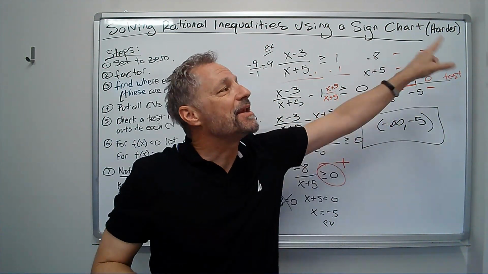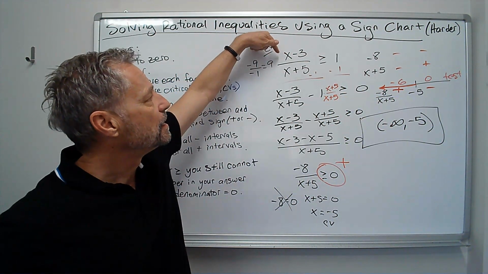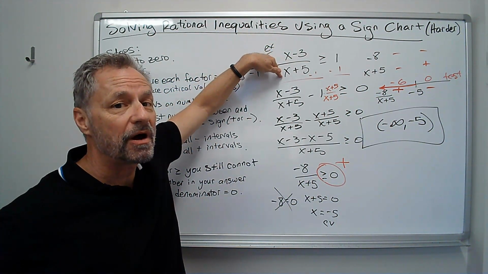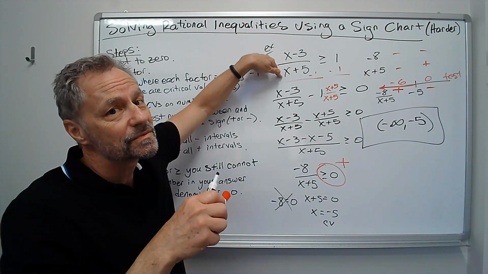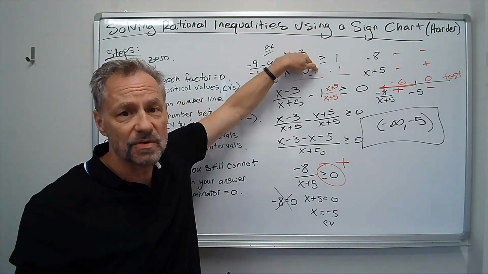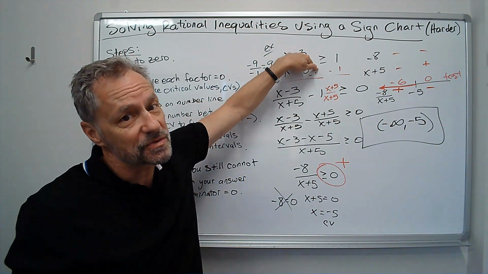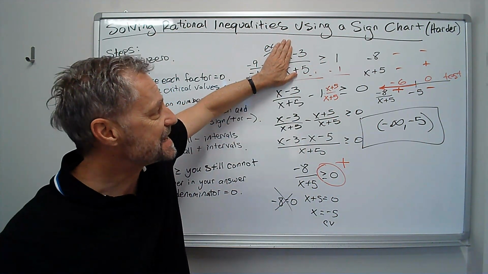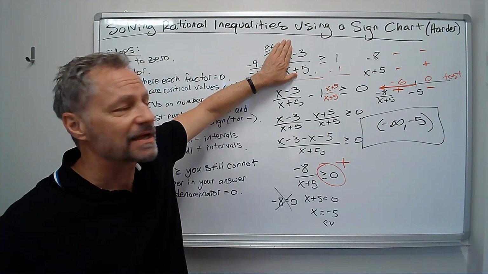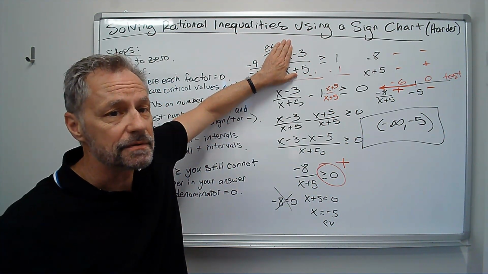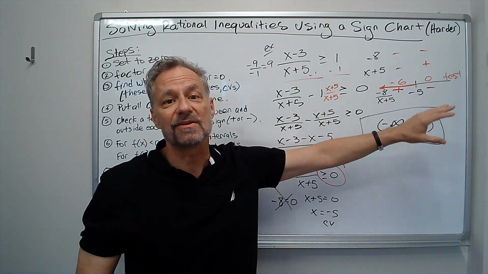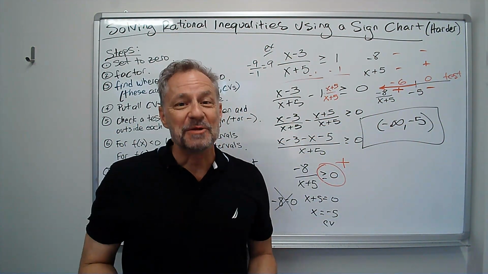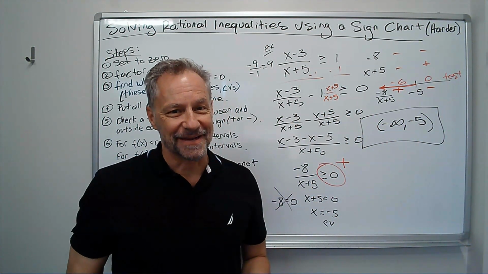Let's check a number not in there, maybe negative 4. Negative 4 gives me negative 7 over positive 1, which is negative 7, which isn't greater than or equal to 1. So it doesn't work. 0 would have been real easy because I plug in 0 and I get negative 3 fifths. That's not greater than or equal to 1. So a number outside of the interval didn't work. That didn't prove that this works, but it's looking pretty good. That probably is the right answer.